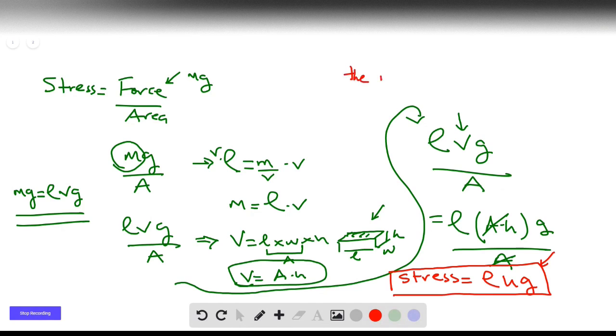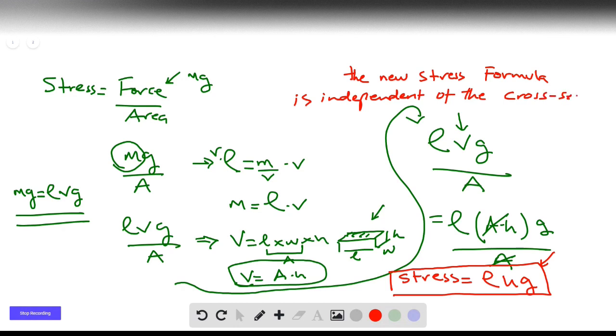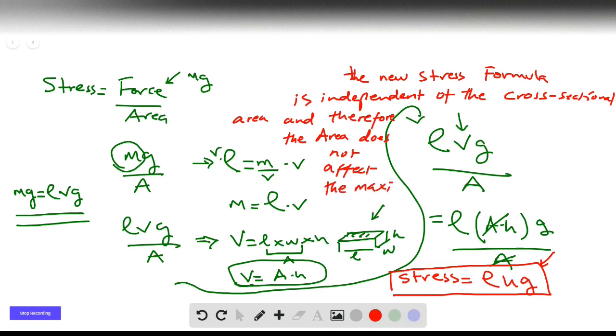So the new stress formula is independent of the area, or the cross-sectional area, and therefore the area does not affect the maximum height.